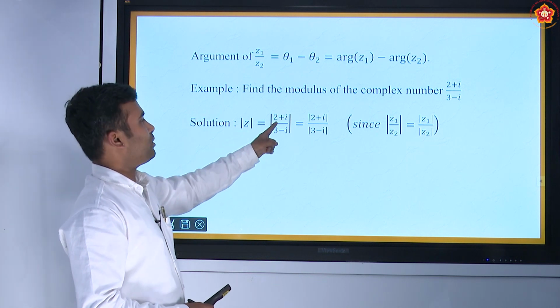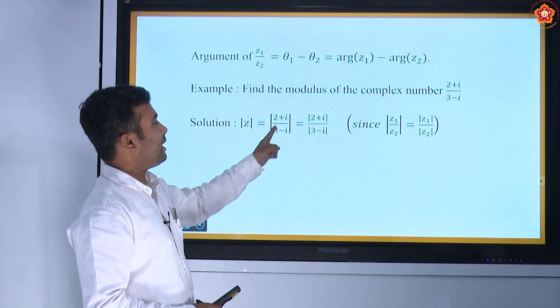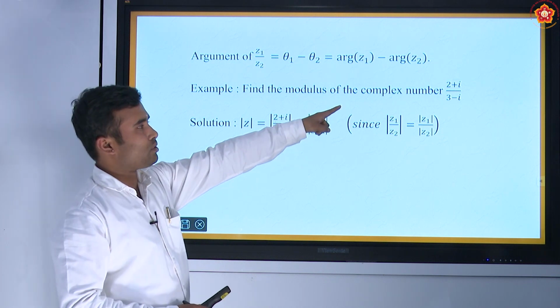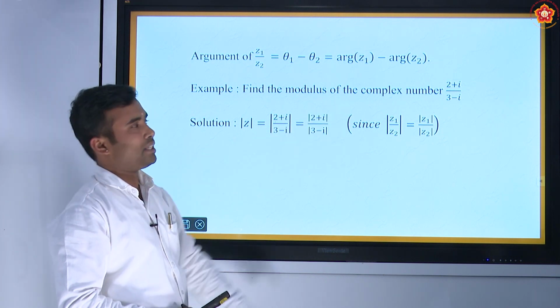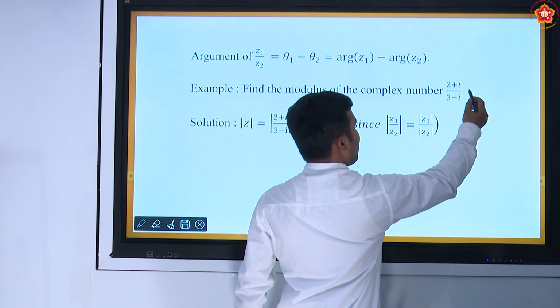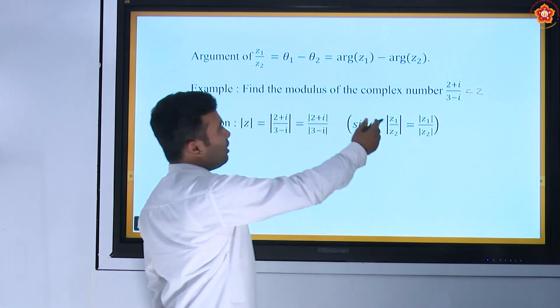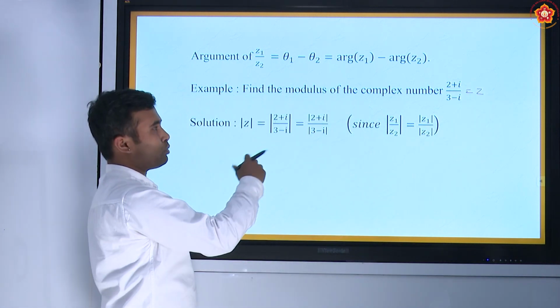Modulus of z is equal to modulus of (2 plus i) divided by (3 minus i). I have chosen that (2 plus i) divided by (3 minus i) as z, and after this I have taken modulus on both the sides.